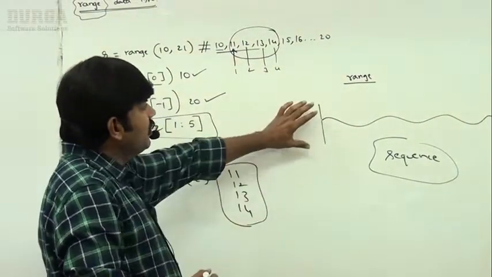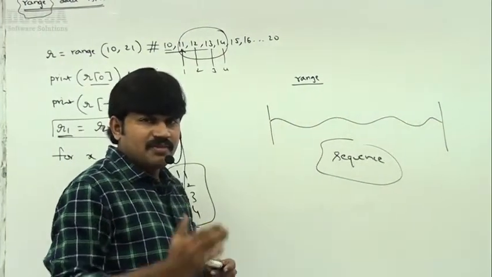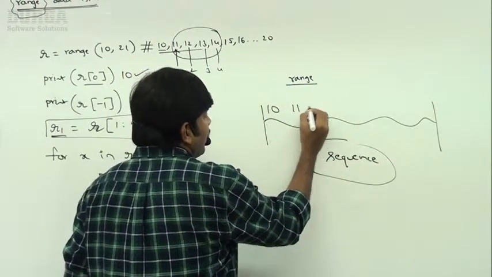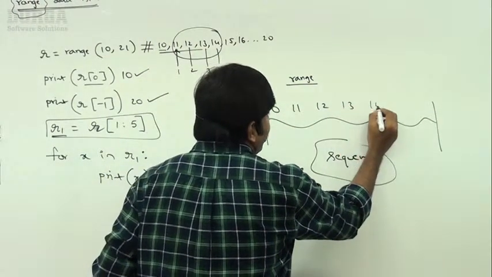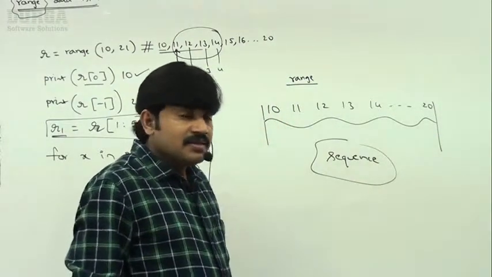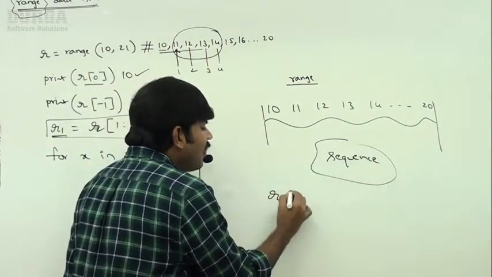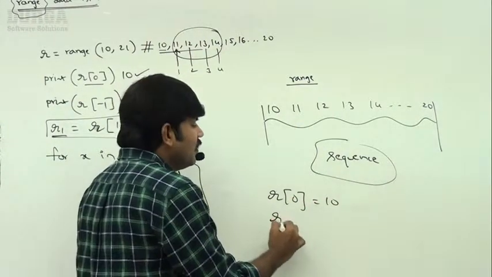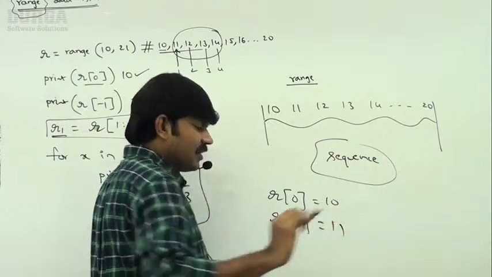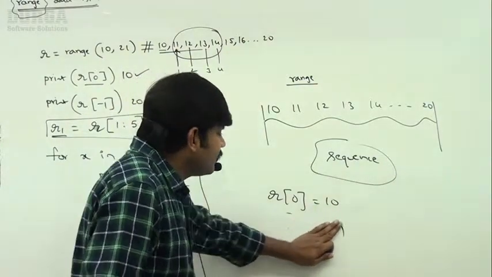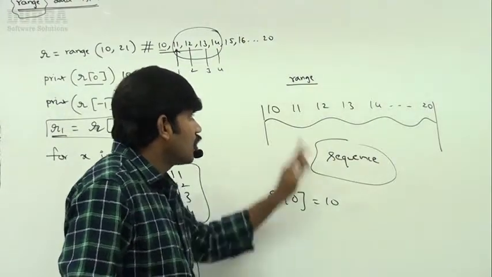Now listen, range always represents a sequence of numbers, something like 10, 11, 12, 13, 14 and so on up to 20. Now R of 0 means 10, R of 1 means 11. Now what I want to do: R of 1 I want to replace with 1000.